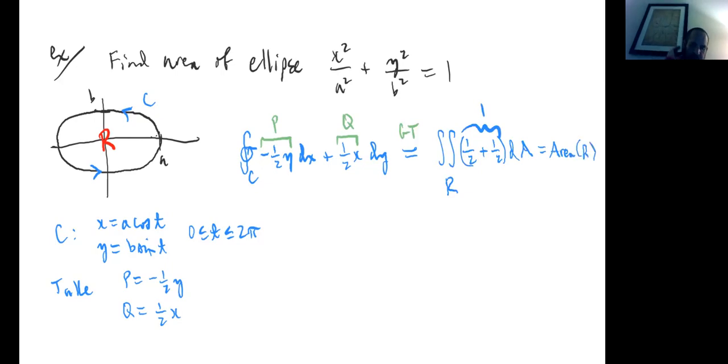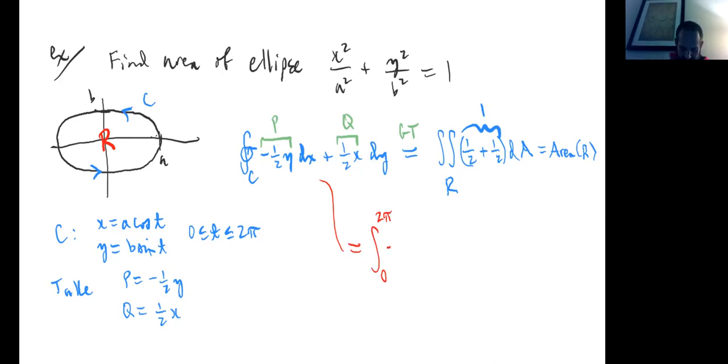Okay. Well, let's see here. This is equal to what? It's going to be the integral from, well, actually not A to B. I actually know what A and B are. From 0 to 2 pi of what? Well, let's see here. -1/2 y dx.